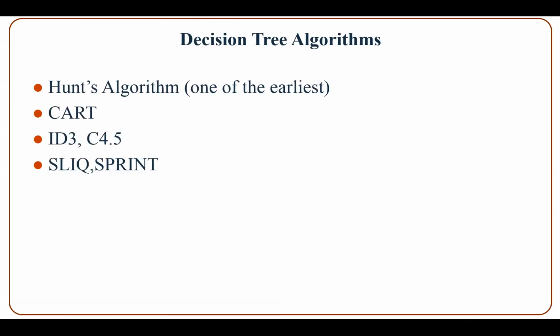There are many decision tree algorithms. Hunt's algorithm is one of the earliest, and then CART, ID3, C4.5, as well as SLIQ and SPRINT.